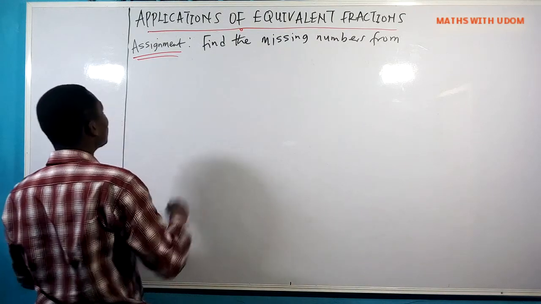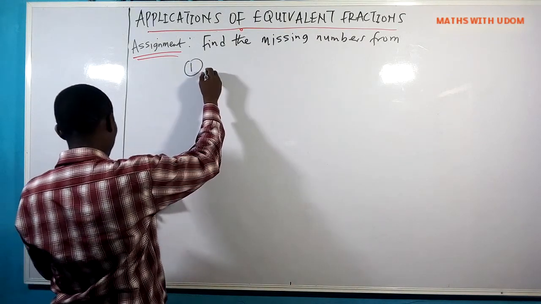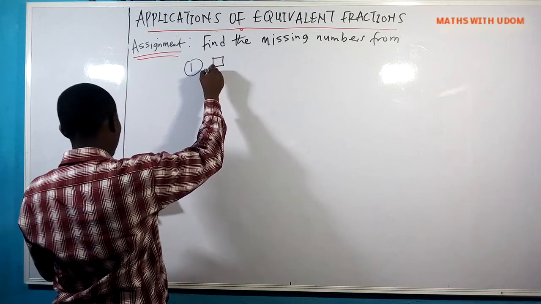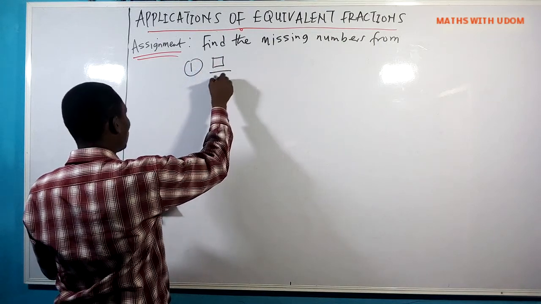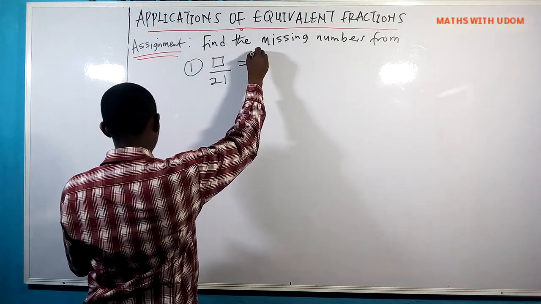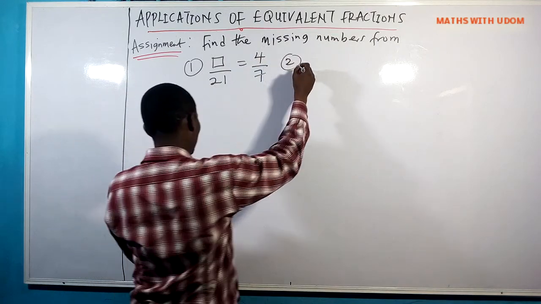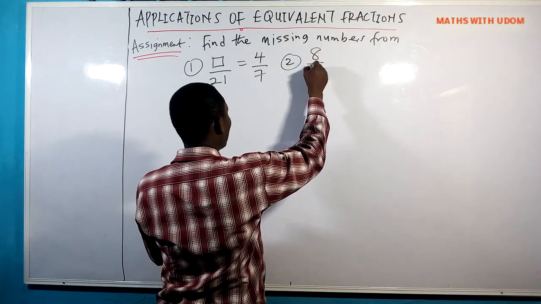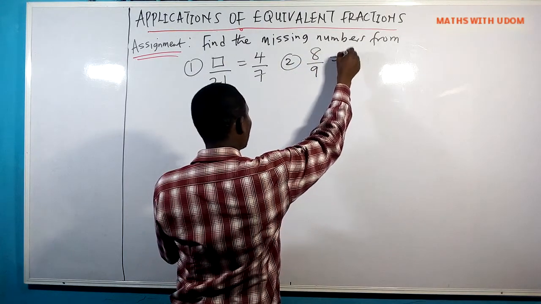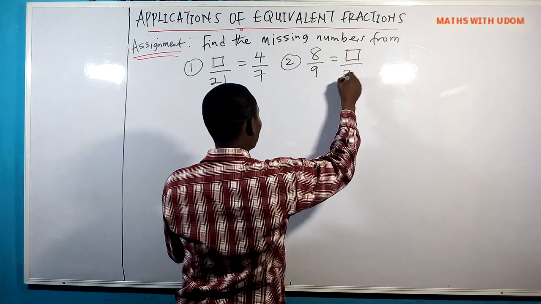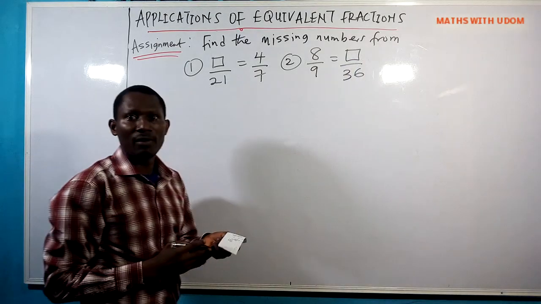Number 1. Box over 21 equals to 4 divided by 7. Number 2. 8 over 9 equals to box over 36.